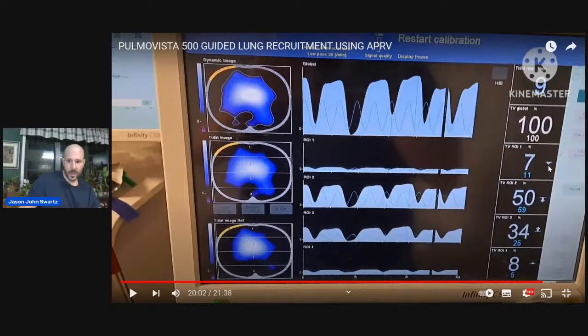Now, what's the difference? What happened? We recruited at the mid-dorsal and the mid-ventral. The right dorsal could be a little bit better, but I'm sure that will fix itself in another hour or so, or tomorrow.